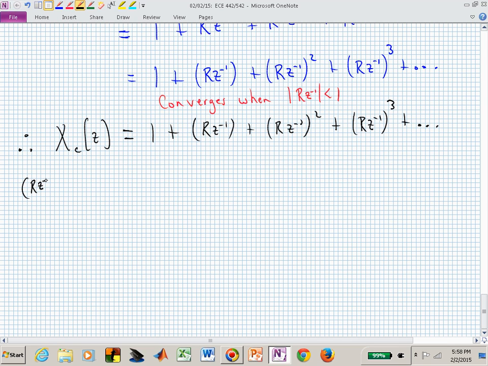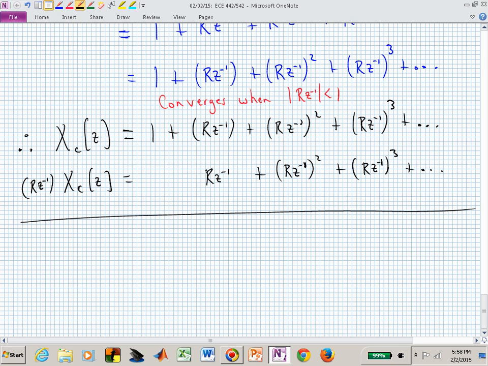If that's the case, we can scale that first line by that same common factor, rz to the minus 1, and now I have rz to the minus 1 plus rz to the minus 1 squared plus rz to the minus 1 cubed, etc. And if I subtract the bottom from the top, I now have 1 minus rz to the minus 1, capital X sub c of z.